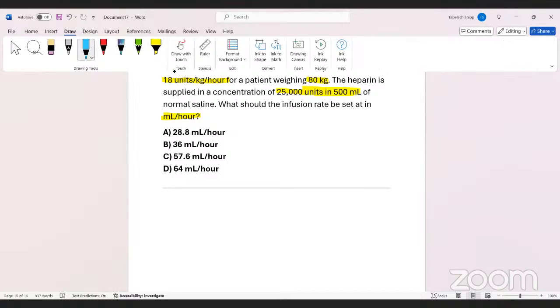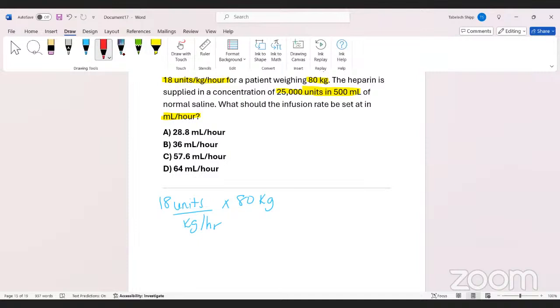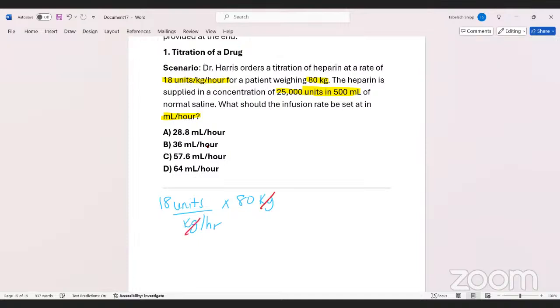So what you're going to do, you've got the 18 units per kilogram per hour times the patient weighs 80 kilograms. Okay? What I want to do is get rid of the kilograms. So we're going to automatically get rid of the units that are the same. Kilograms goes out, kilograms goes out. Okay, I love the fact that you're saying it.